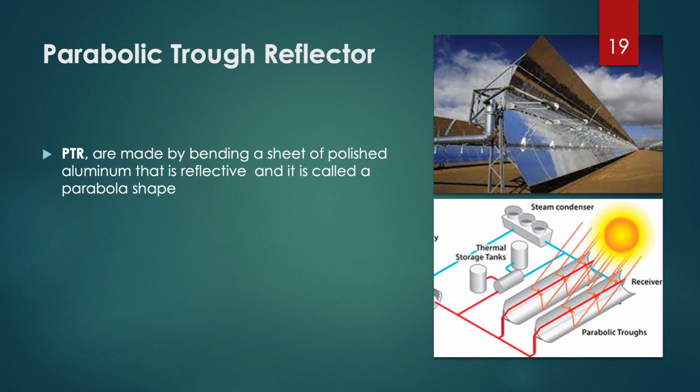The concentrated sunlight can generate very high pressure steam for direct use in power generation and industrial steam applications, and it boils water.